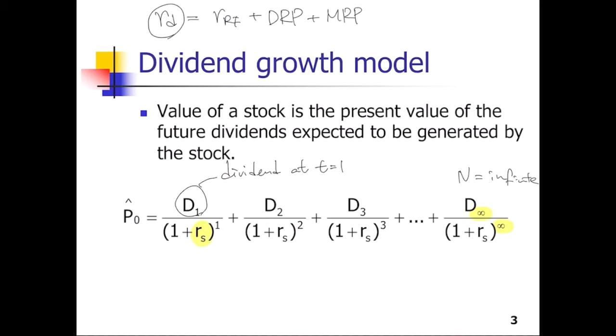In the stock valuation part, RS is calculated by theory. We will learn this in the chapter about risk and rate of return. So this comes from theory, chapter number 8, risk and return. In this chapter, we just assume it is a given number.